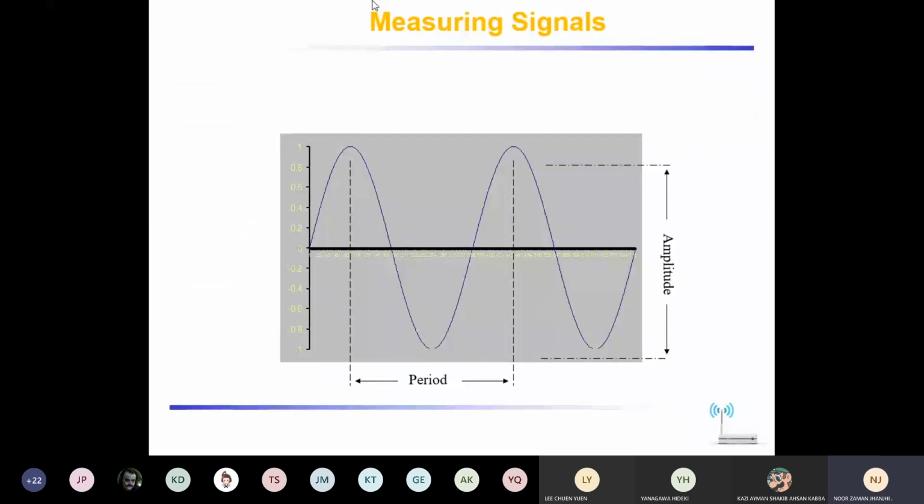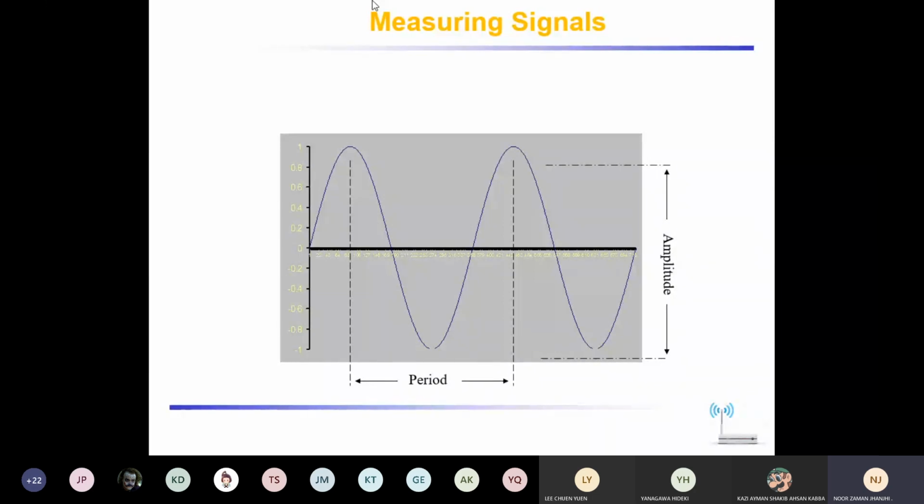Going ahead, you can see from here how we can measure the signal, or show the signal, or talk about the signals. From this figure, there are two terminologies you often hear about signals and frequencies. One is the amplitude, the other is the period.